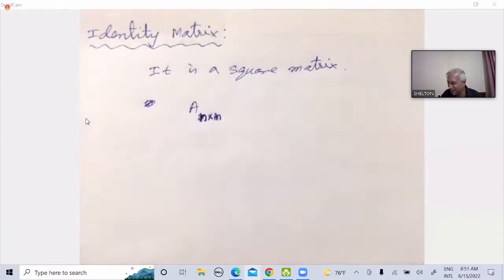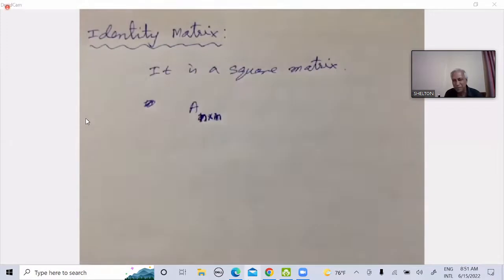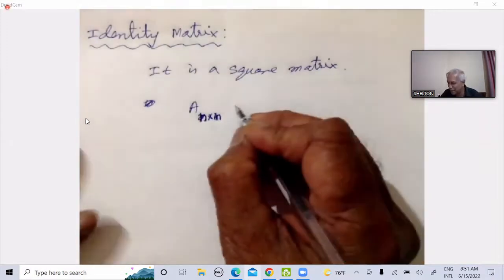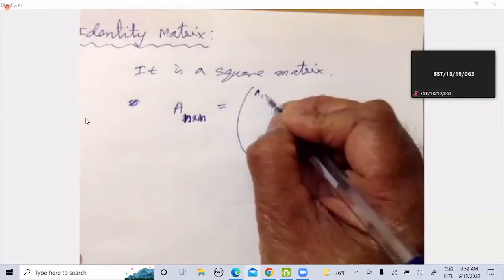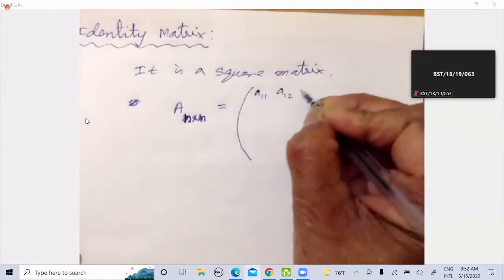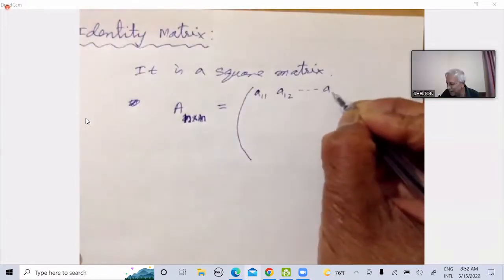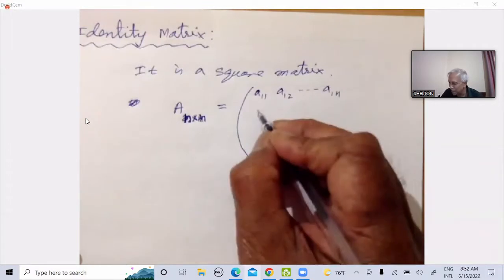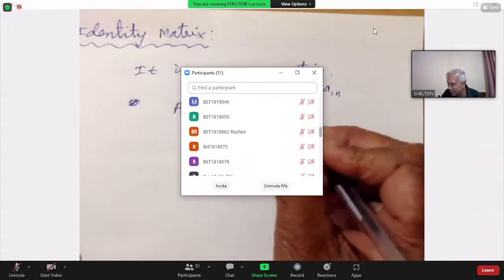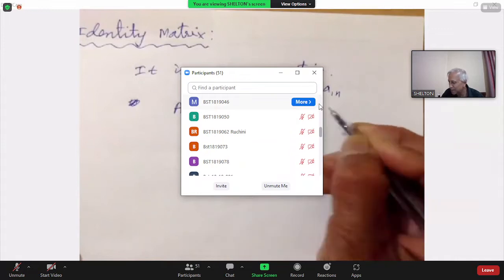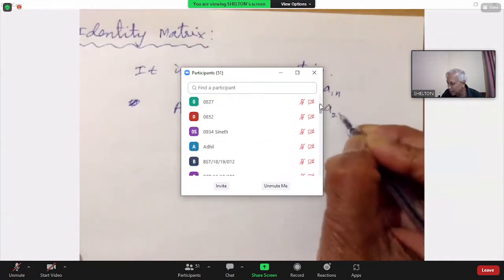Let us write this square matrix: A11, A12, up to A1n. Here, A21, up to A2n.